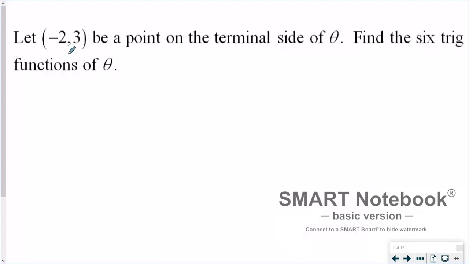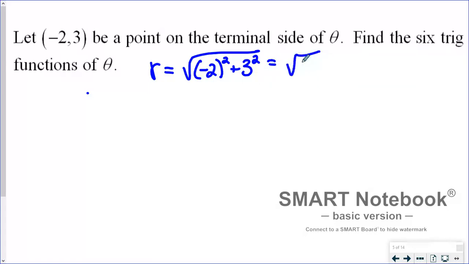So for here, (-2, 3), we can go through all of those formulas first, and then I'll show you the easier way. We know that r is equal to the square root of x squared plus y squared. So this is 4 plus 9, the square root of 13, which cannot be simplified, so we leave it as such.